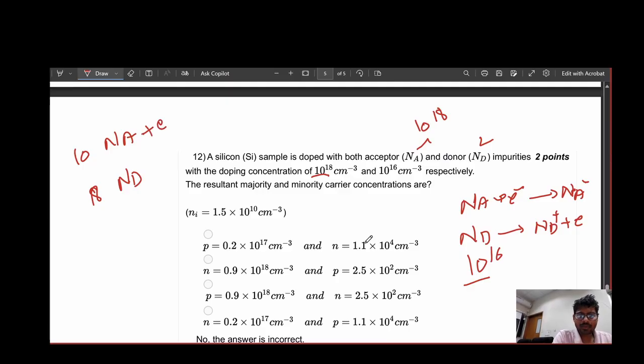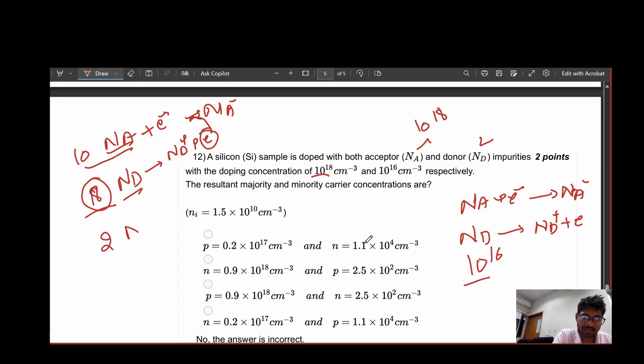Na plus electron will give you Na minus, and Nd will give you Nd plus electron. So 8 of these will compensate. This is acceptor, this is donor. So 8 electrons will be taken by the acceptors. 8 electrons will compensate 8 acceptor atoms, so effectively only 2 acceptor atoms will be left. Got the point? Yes, sir.